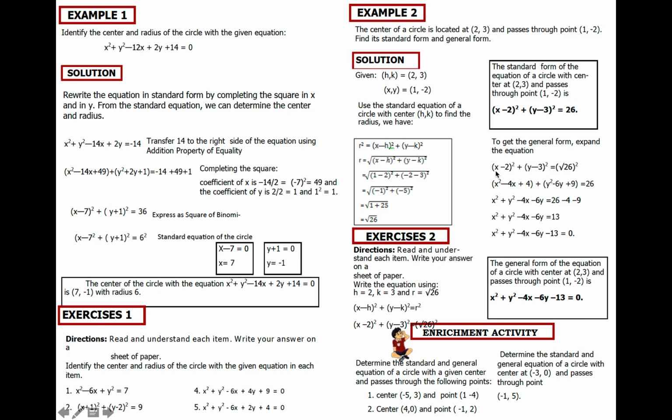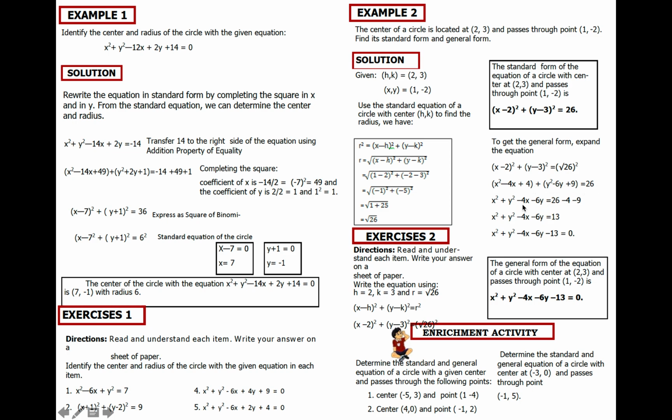So by using the FOIL method, you'll have x squared minus 4x, that's 2 times negative 2 times x, that's negative 4x, then negative 2 squared is 4. Okay, that's expanding your perfect square. Then y minus 3, do the same thing, y squared minus 6y, that's 2 times negative 3 times y, then negative 3 squared is 9. All right, then 26, then combine terms that are similar, like your 4, 9, and 26.